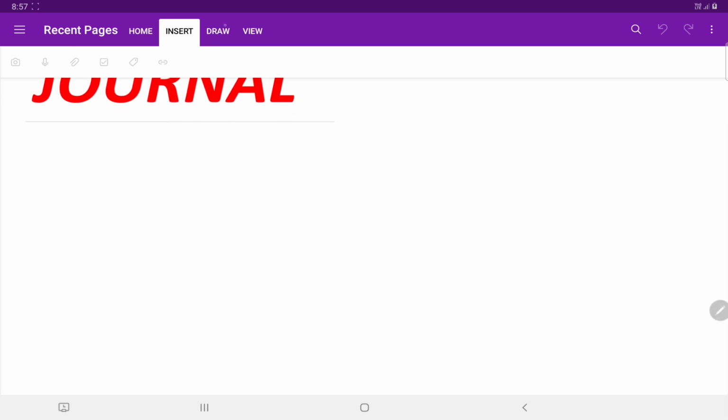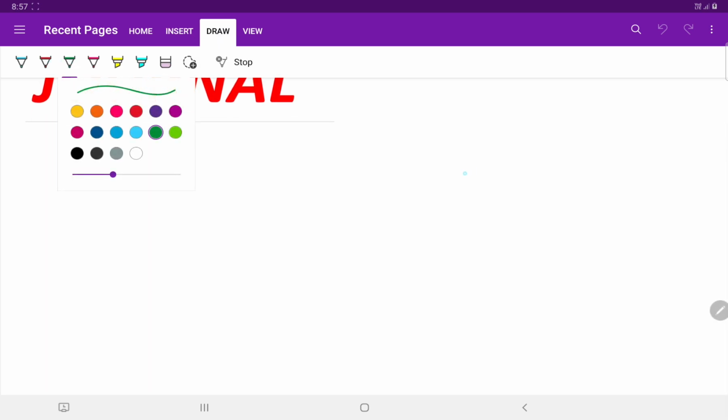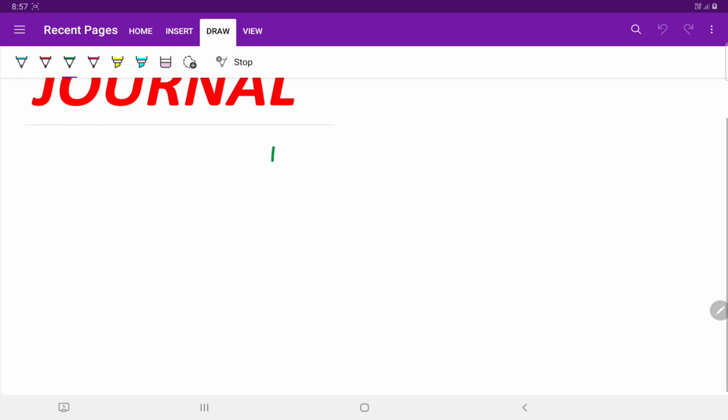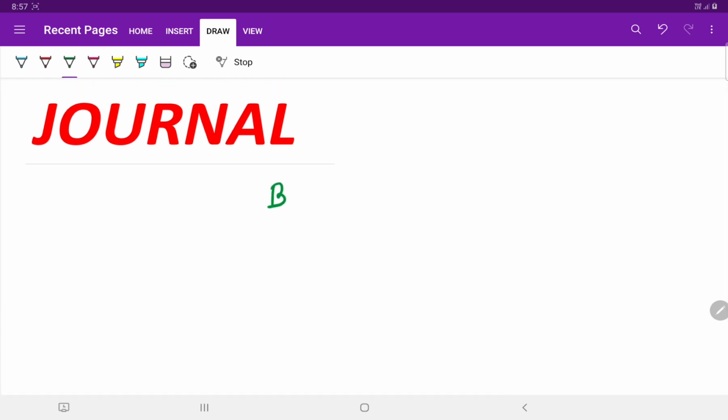It is also known as the basic book of original entry. In this book, transactions are recorded as and when they take place.